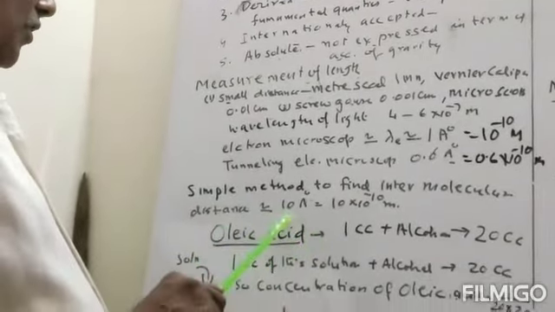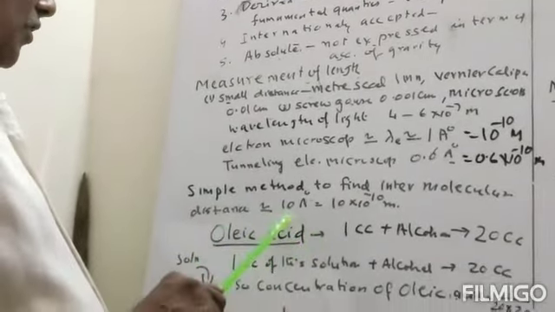So now what will be the concentration of oleic acid in this liquid? The concentration will be equal to 1 divided by 20 divided by 20, that is equal to 1/400. So 1/400 is the concentration of oleic acid now in this solution.